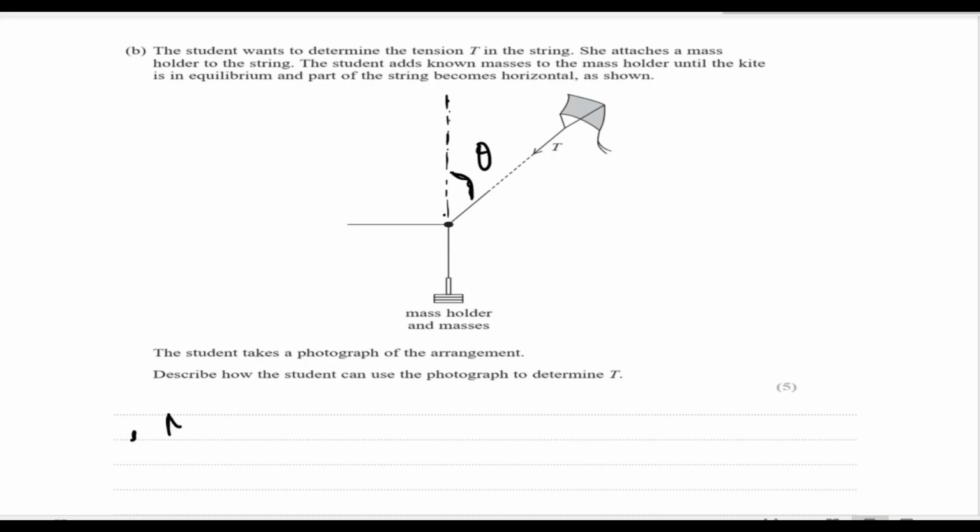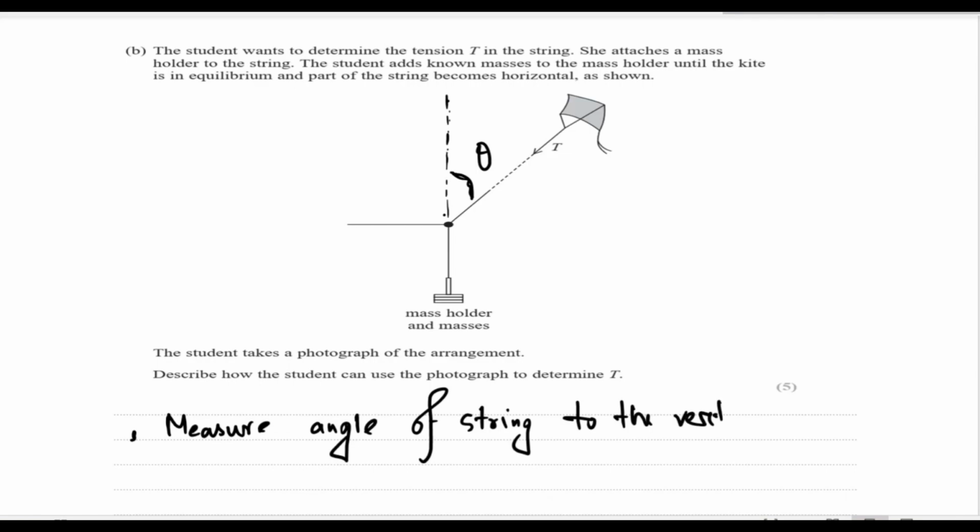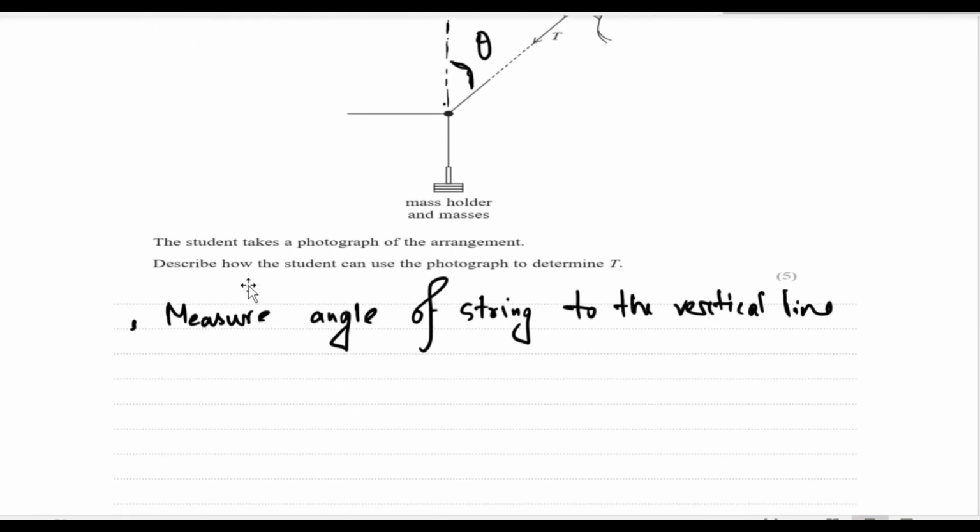So first we have to measure the angle of the string to the vertical line by using a protractor.